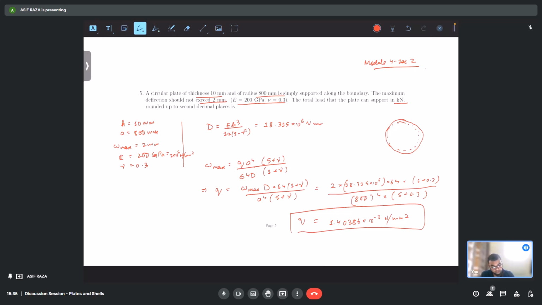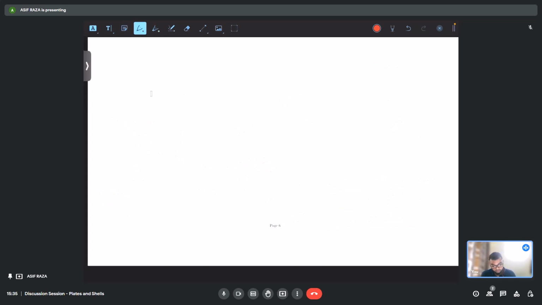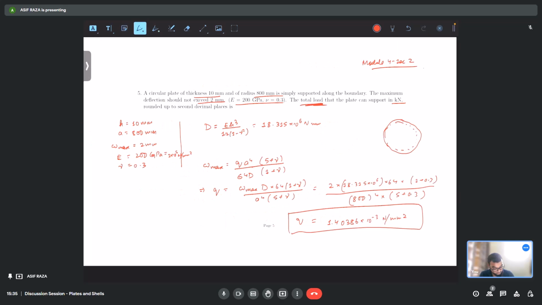Now we need to find the total load that this plate can support. So the total load Q will be this UDL times the area of the circle, that is πa².